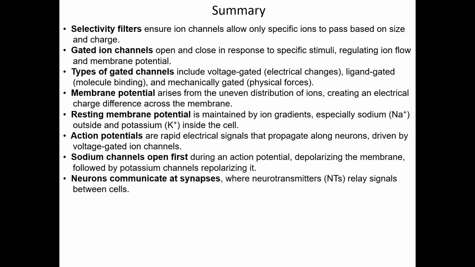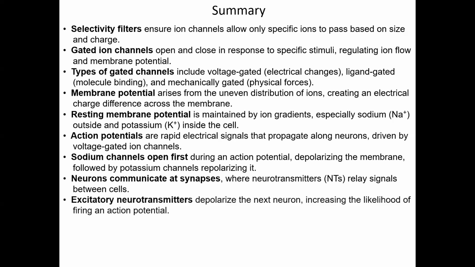Communication of neurons occurs at synapses, these gaps between neurons, only about 20 nanometers wide, but it is a gap where the electrical signal within the neuron is transformed into a chemical signal. And the manifestation of that chemical signal is in neurotransmitters. Neurotransmitters are the chemical molecules that relay signals from one neuron to the next. Some neurotransmitters can be excitatory.